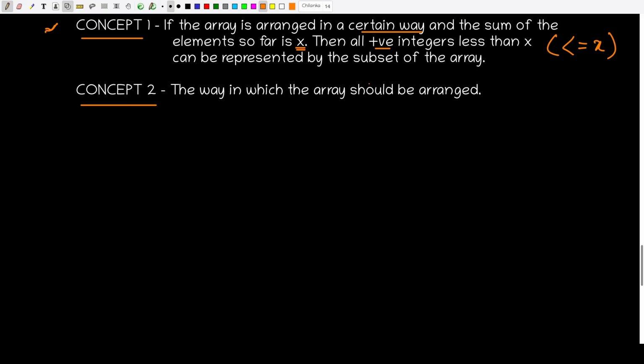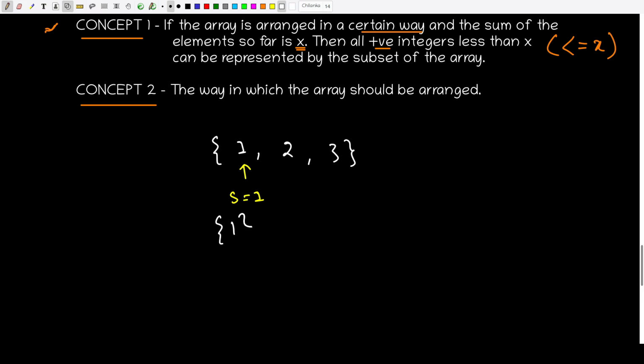Let us take a few examples in order to understand this. Let us say the array which is given to us is 1, 2 and 3, and let's say we are at this position. The sum so far is 1, and using concept 1, all the elements less than or equal to 1 we should be able to represent.